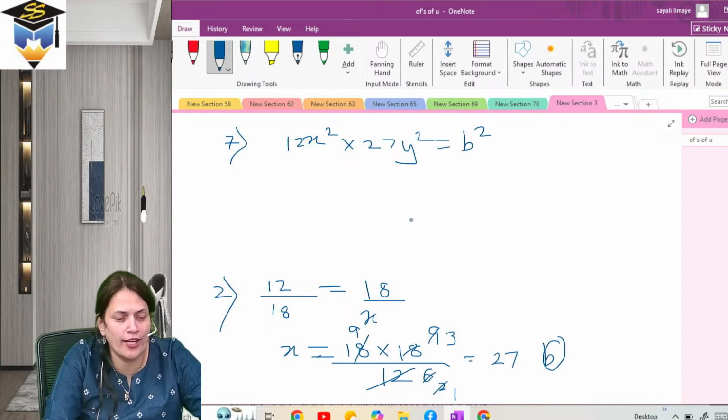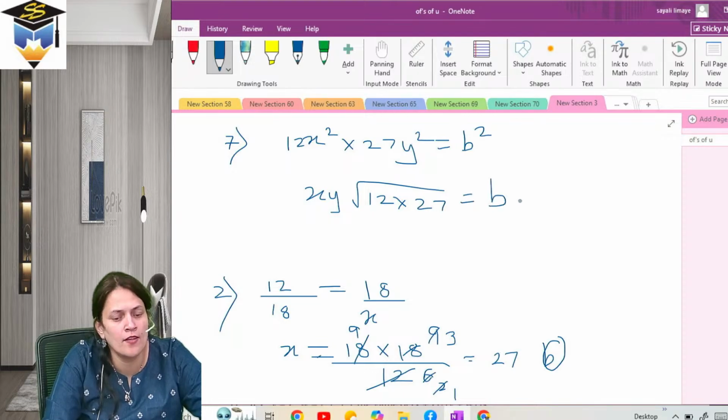So in order to find out the value of b, xy will remain and square root of 12 into 27. That will give you b. So now if you observe, 4 into 3, so 3 into 3 into 3 into 3. So 3 raised to 4 into 2 square root.